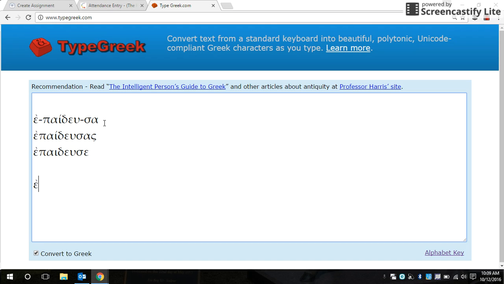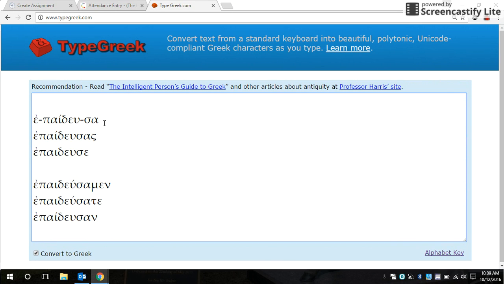The plural here would be epaideusamen. Notice the thematic vowel there is alpha. Epaideusate. And then I need a rough breathing here. And then epaideusan.